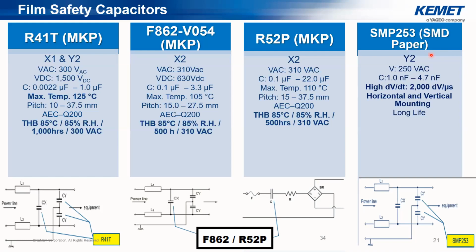So if you have a requirement for a Y2 SMD capacitor series, then this is really a capacitor series to look forward to, the SMP253. And of course, I say look forward to, but these series have already been released. They're out there with the distributors. So go ahead, order your parts. If you have any questions, feel free to come back to us.